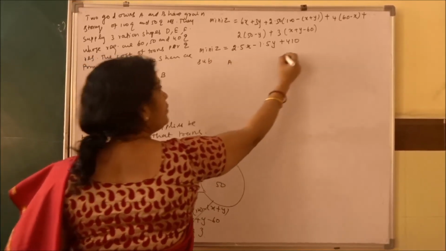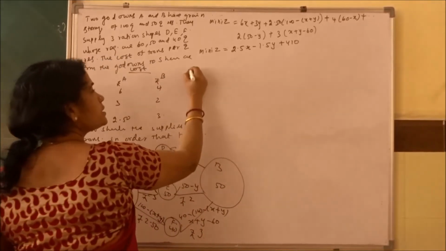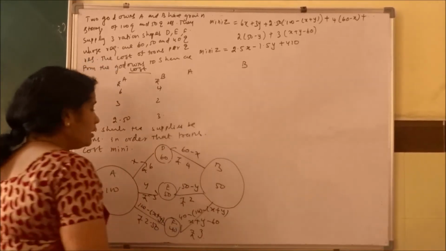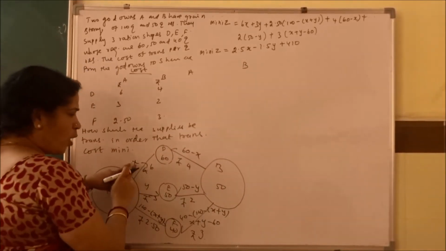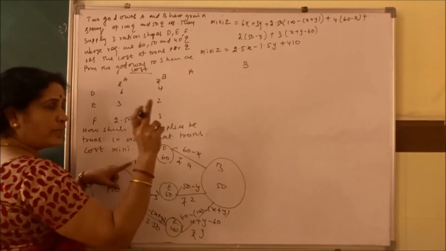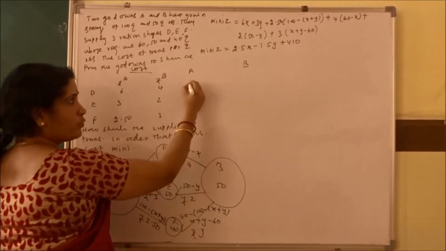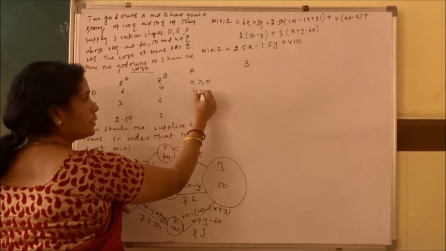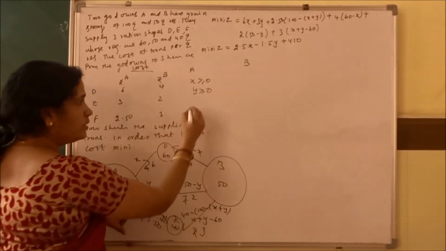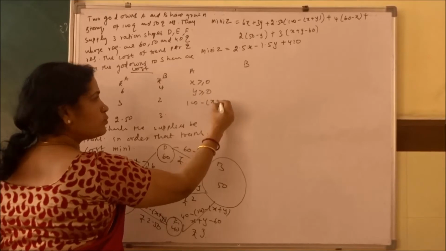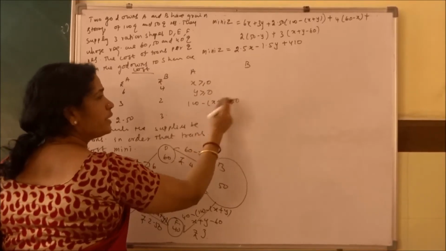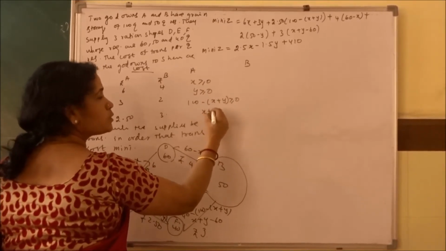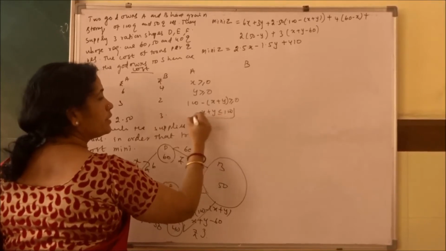Subject to: this is A godown, and then B godown. For A godown, whatever quintal you have transferred is the subject. Here you have transferred x quintal, so x is greater than or equal to 0. Here the number of quintal y is greater than or equal to 0. Here the number of quintal is 100 minus (x plus y), greater than or equal to 0. So take x plus y to that side: x plus y is less than or equal to 100, another equation.